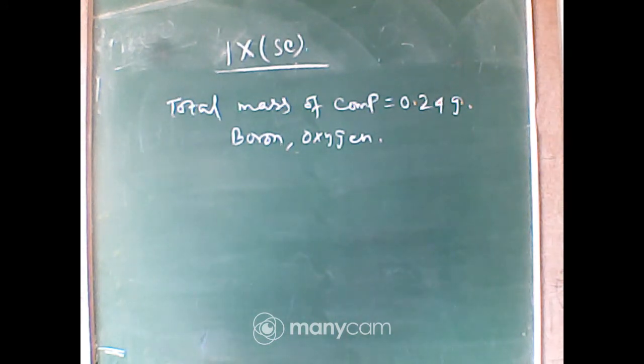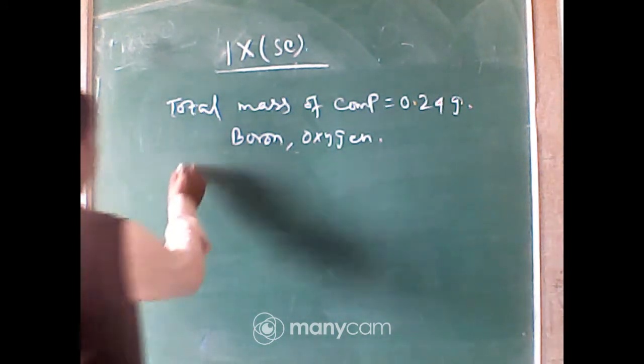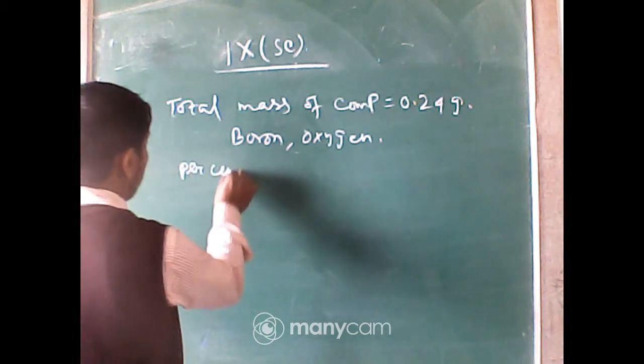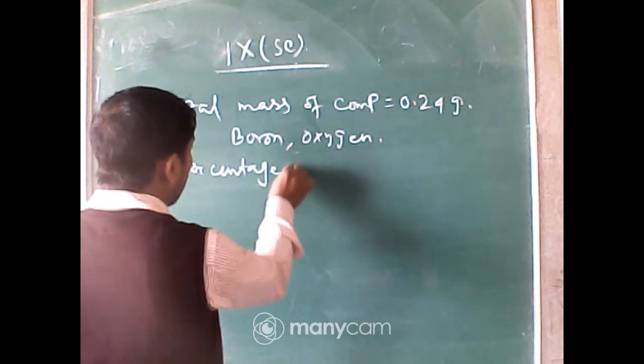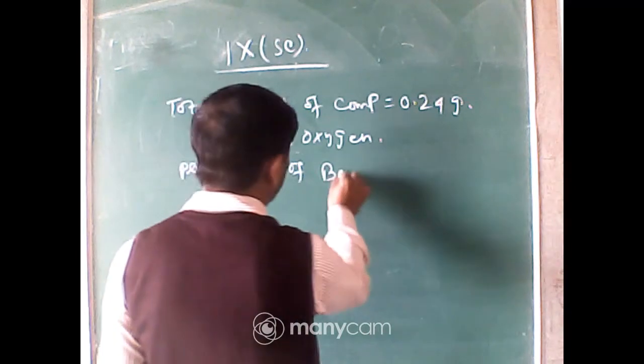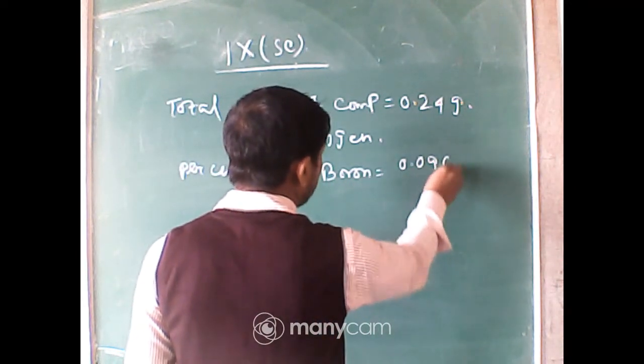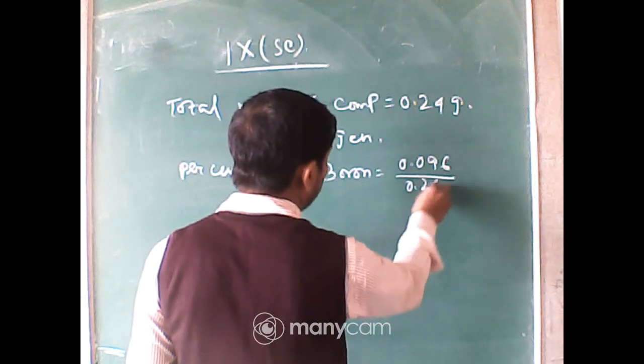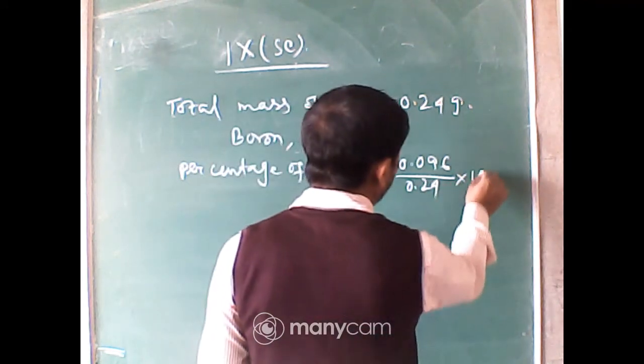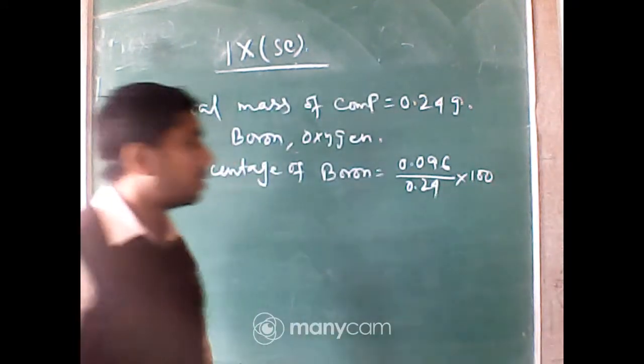So, percentage of boron is equal to 0.096 divided by 0.24 into 100.